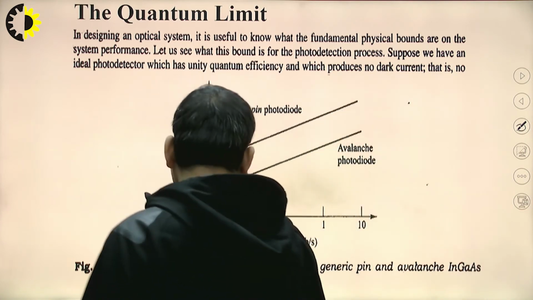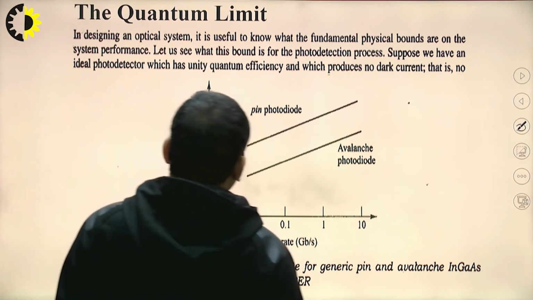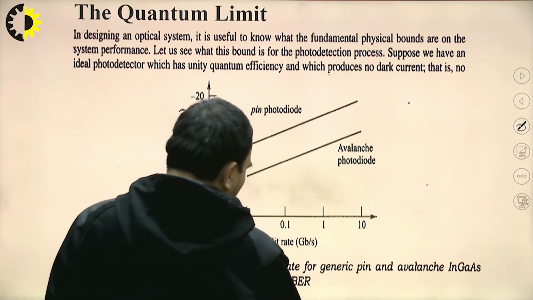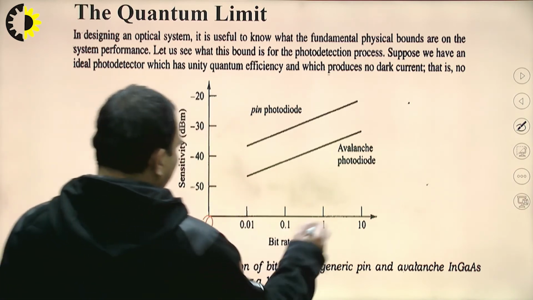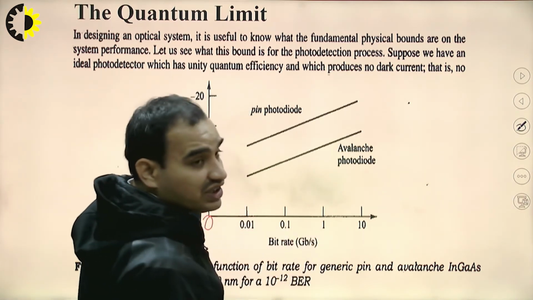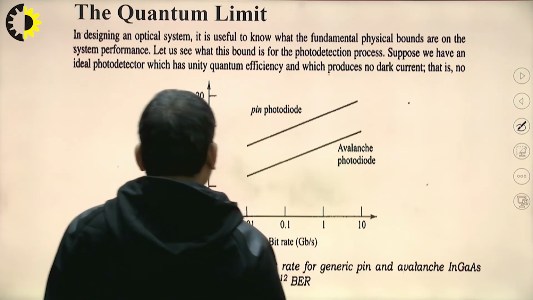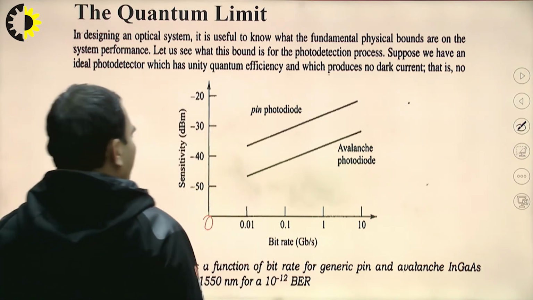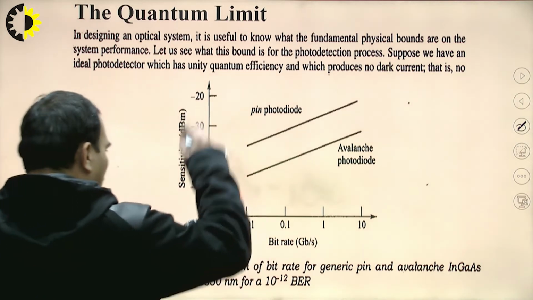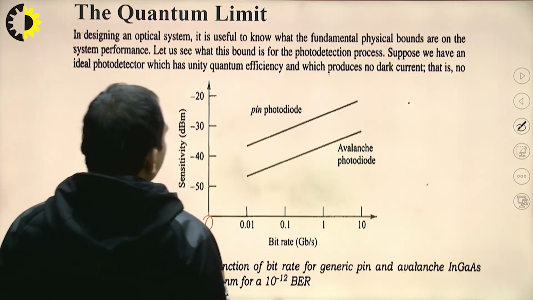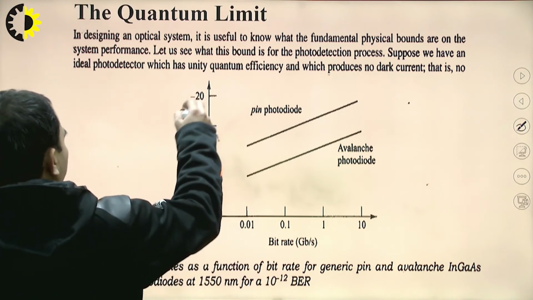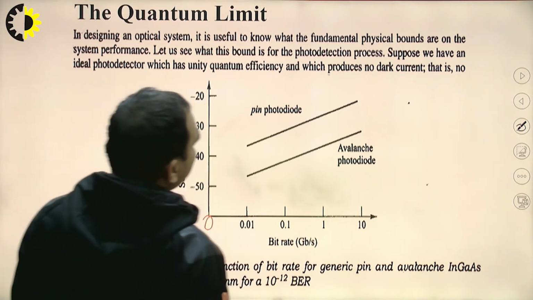So we can see this bit rate versus the sensitivity. On the x-axis we have the bit rate, ranging from 0 to 10 with a step of 0.01, and the sensitivity on the y-axis is in dBm, ranging from -20 to -50.